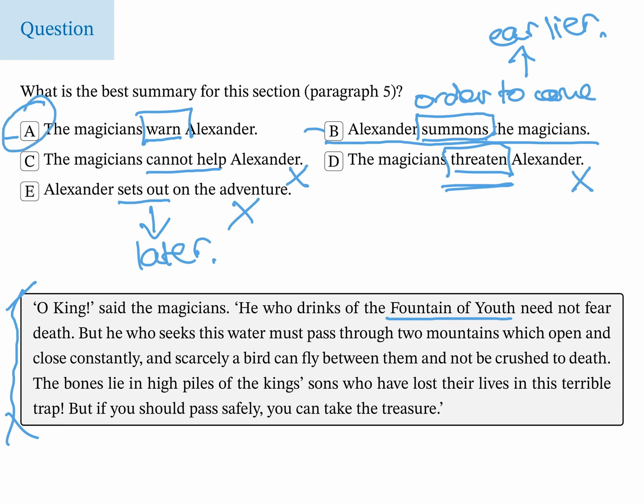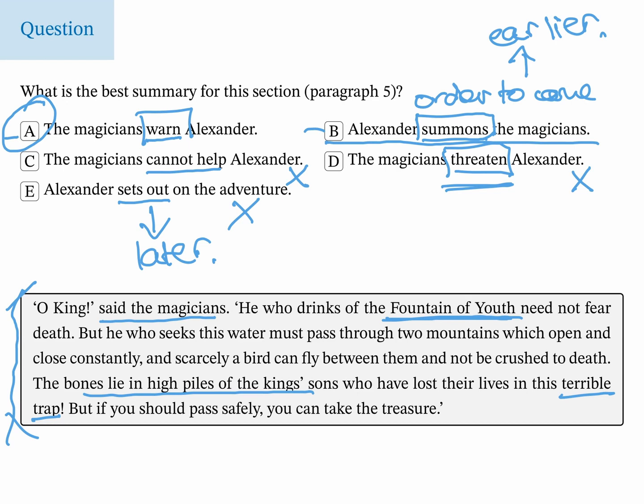In this part, they are telling him all the dangers. They're telling him it's a terrible trap, and how dangerous it is, with all of the people who have died trying to access this magical water. Well done, guys. If you've got this correct, fantastic.